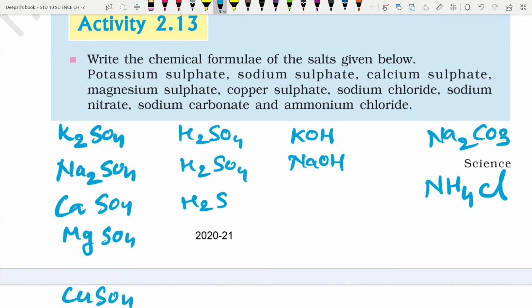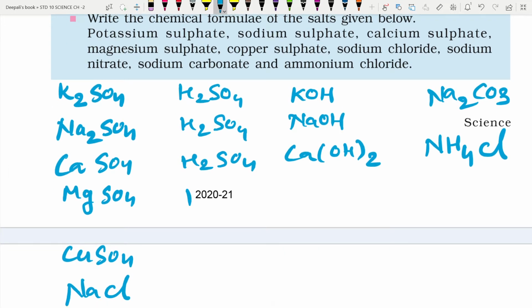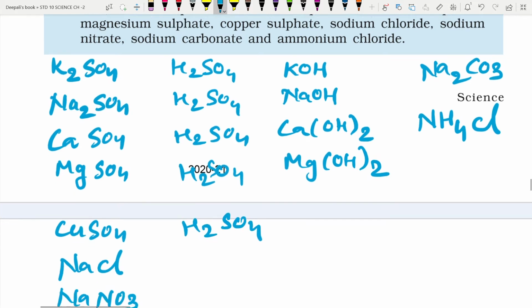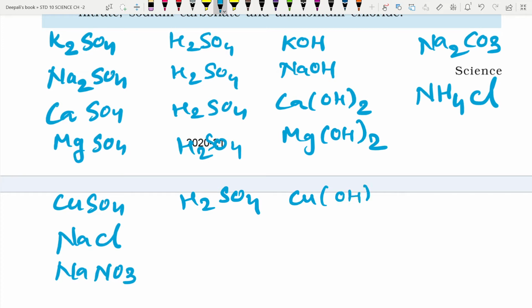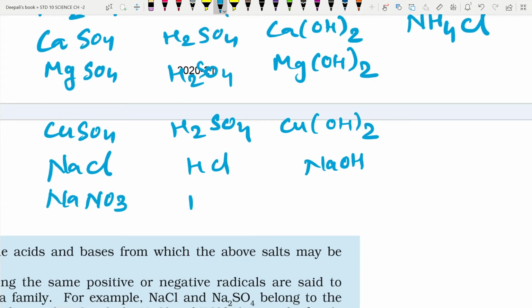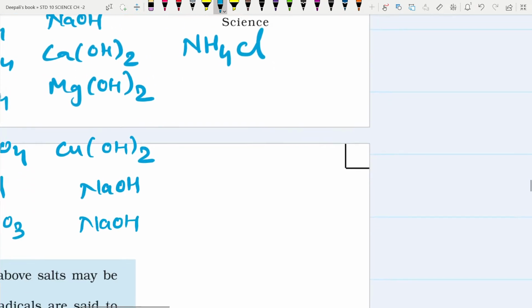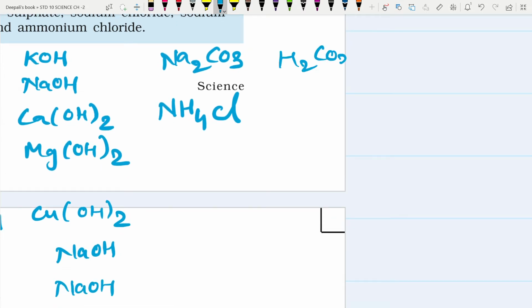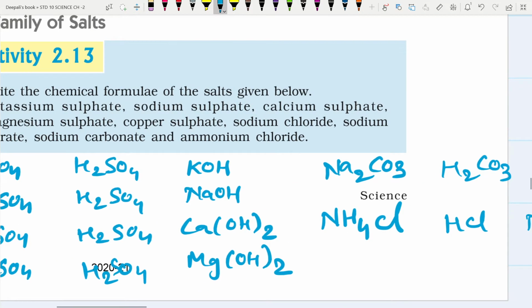CaSO4 from H2SO4 and Ca(OH)2. MgSO4 from H2SO4 and Mg(OH)2. CuSO4 from H2SO4 and Cu(OH)2. NaCl from HCl and NaOH. NaNO3 from HNO3 and NaOH. Na2CO3 from H2CO3 and NaOH. And NH4Cl from HCl and NH4OH. These are the acids and bases which give us the respective salts.